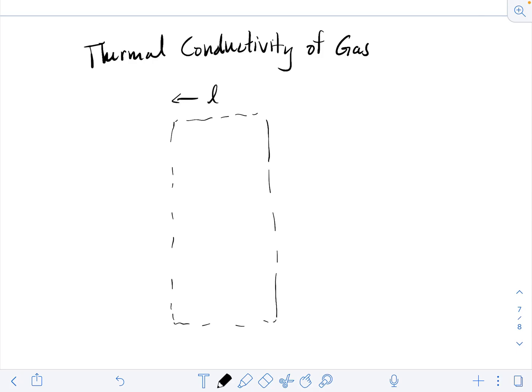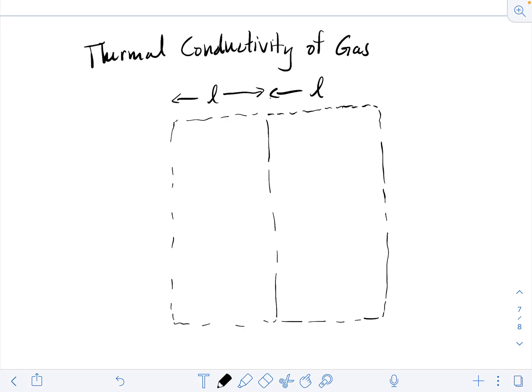I'm going to make the box have a width that's equal to the mean free path of the gas particles. And then right beside it, I'm going to put another box which is the same. Maybe I'll make it a little bit bigger so that it looks about the same.